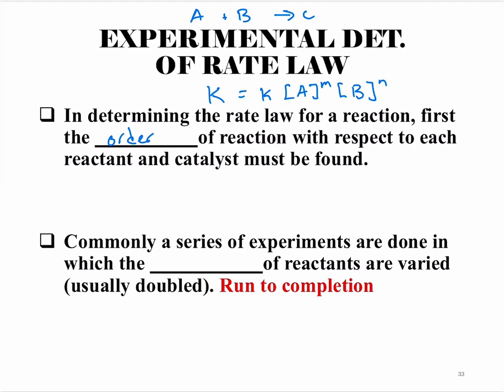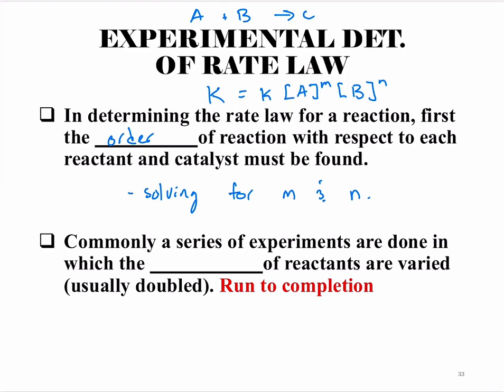And generally, the way that's done is you can vary the concentration of one and leave the other one the same. That way, you're saying, okay, this is just how the reaction rate depends on A if we don't change B at all. All right, so this just means solving for m and n, for example.